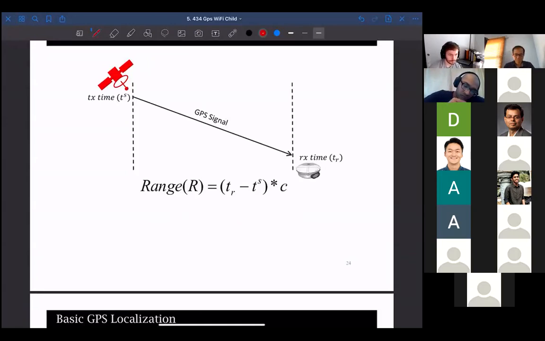Now, this range, if I want to write the distance from the satellite, is nothing but the square root of (x1s minus x0) whole squared plus (y1s minus y0) squared, and so on.